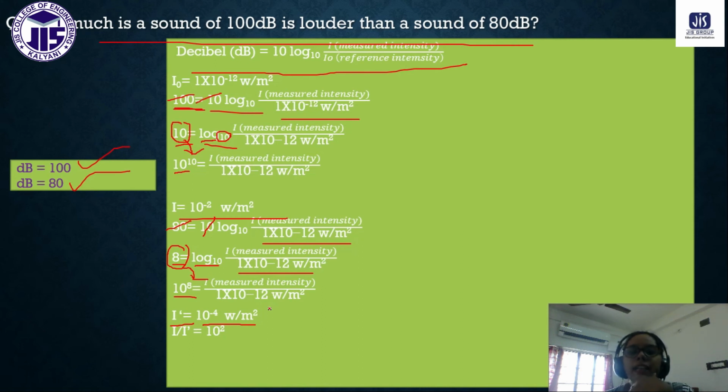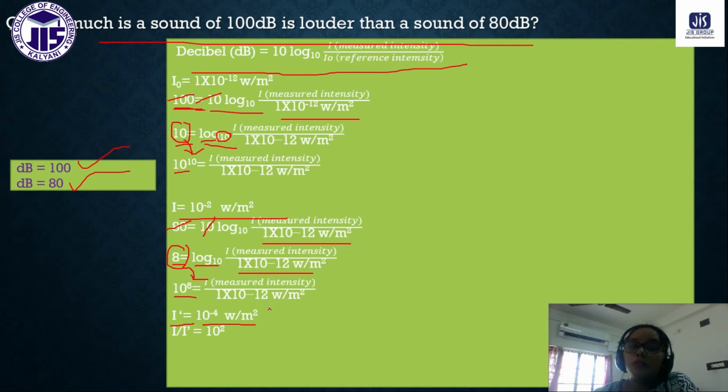Thus we can calculate how much louder the 100 decibel sound is than the 80 decibel sound. So for each case we first have to calculate the intensity, and after that we just take the ratio, and then we will get the answer.